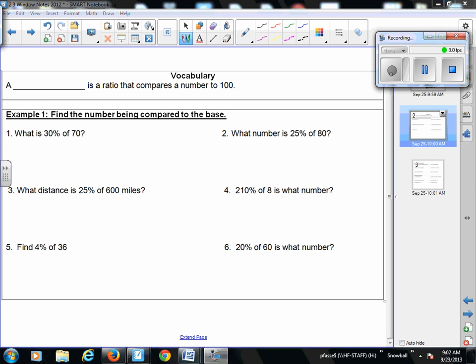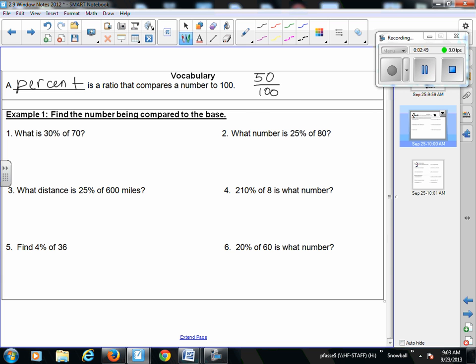Okay. A percent is a ratio that compares a number to 100. So for instance, 50% is the same as 50 out of 100. You can think of 2/4 out of $1 that you have 50% of $1 and so forth.